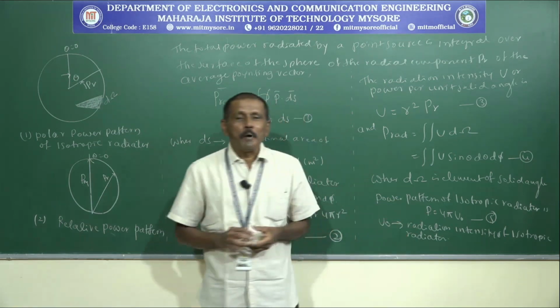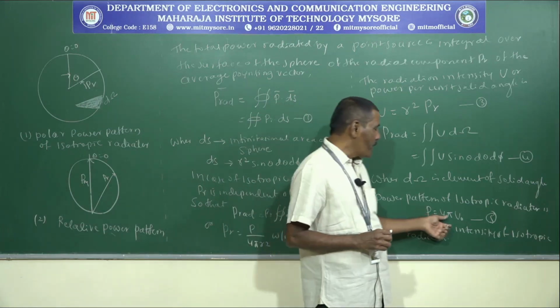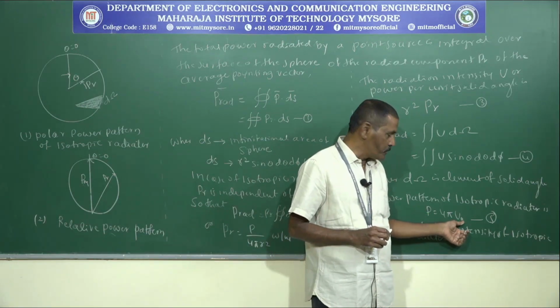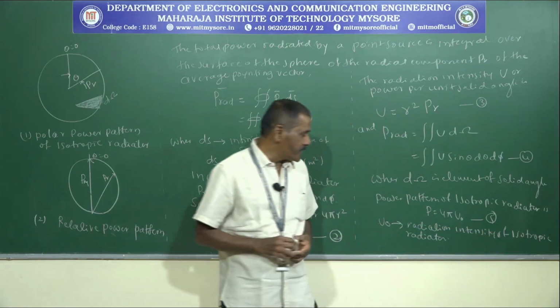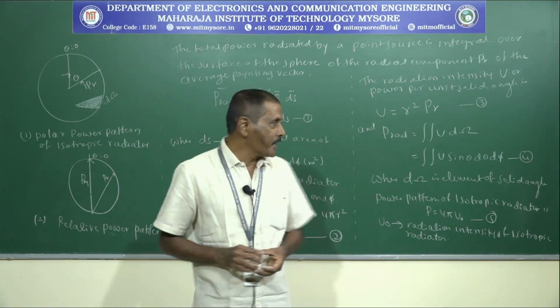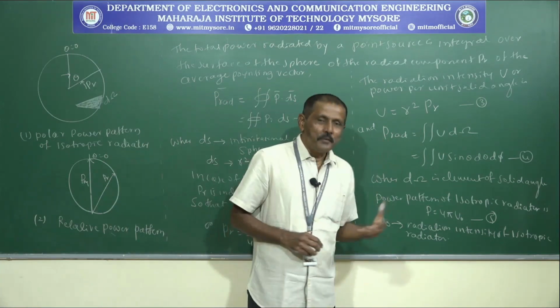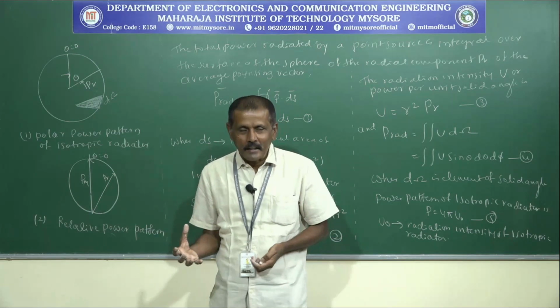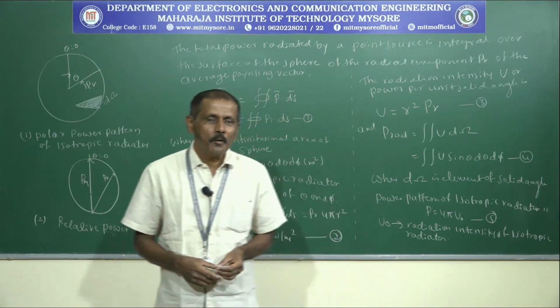Now, the power pattern of an isotropic radiator is given by 4 pi into U0, where U0 is the radiation intensity of the isotropic radiator. That means you have one practical antenna, and you have to calculate the power radiated from that particular antenna.